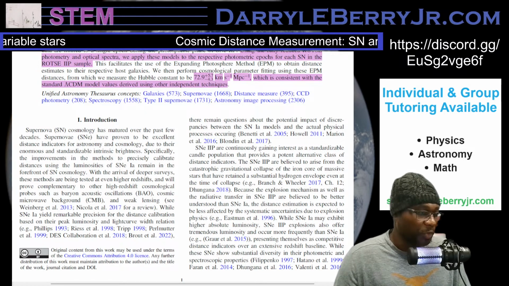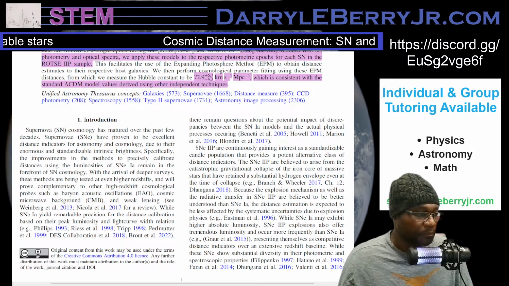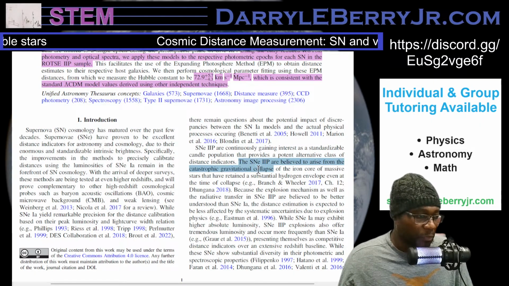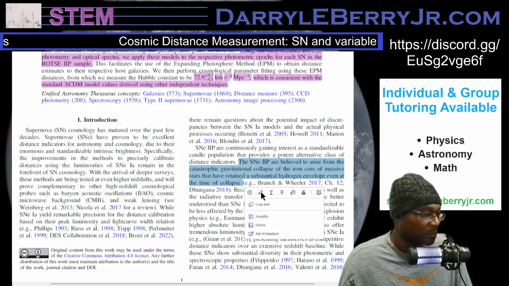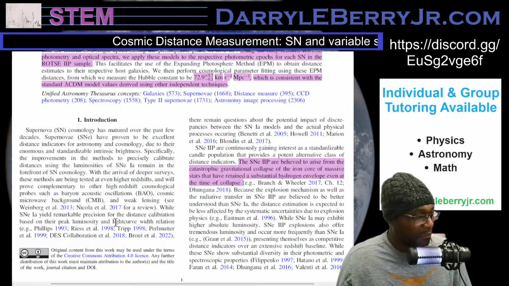The supernova 2P are believed to arise from the catastrophic gravitational collapse of the iron core of massive stars that have retained a substantial hydrogen envelope even at the time of collapse.